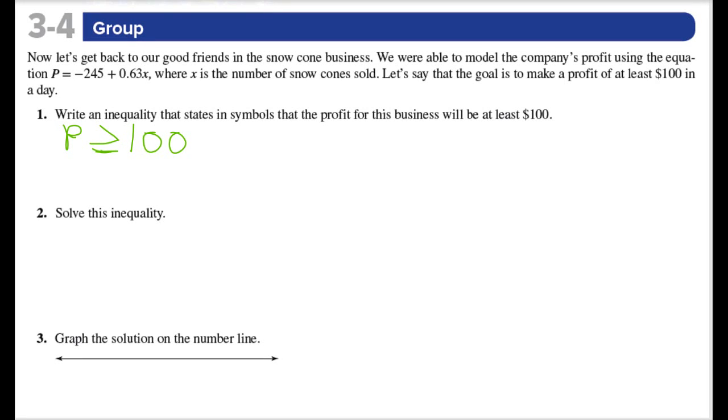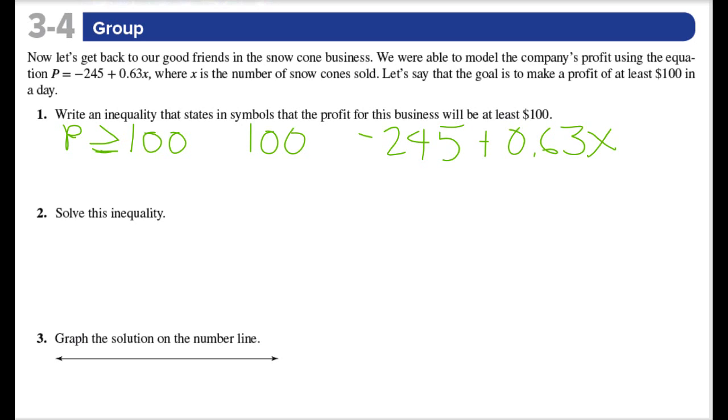And so if we go to our inequality, we go back up to our equation. So we'll have $100 for P, and we want our profit, which is negative 245 plus 0.63x.